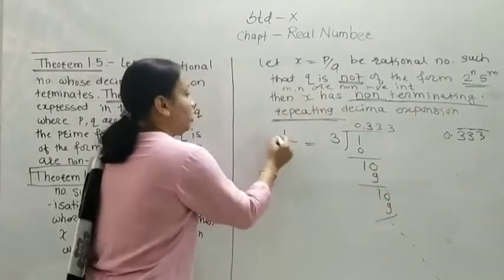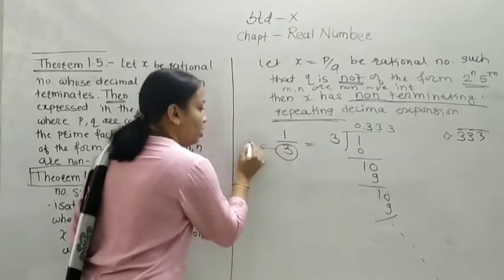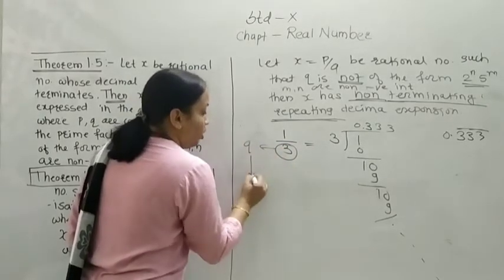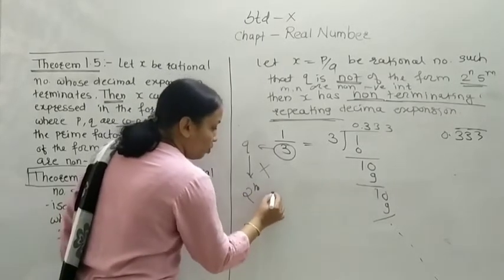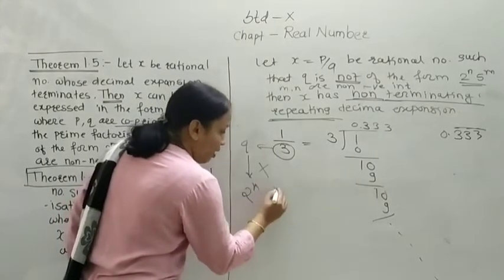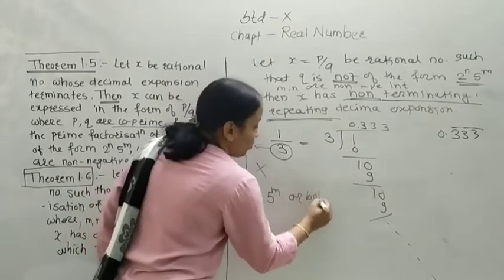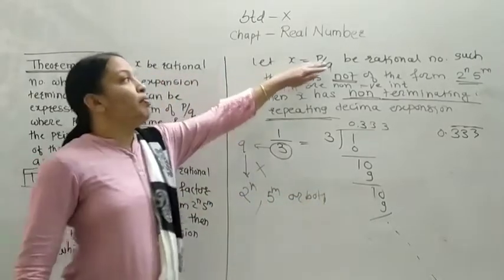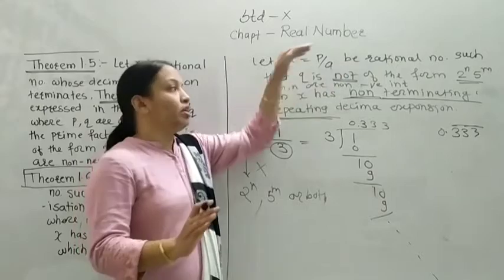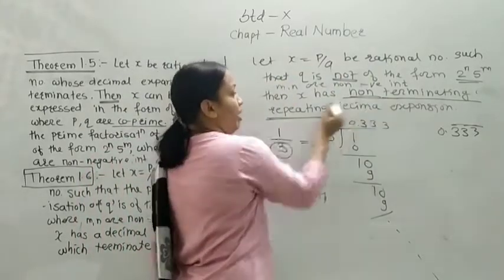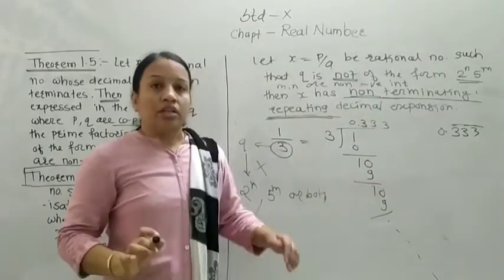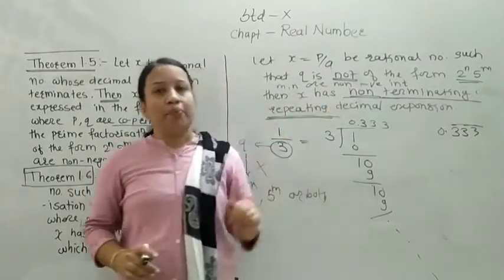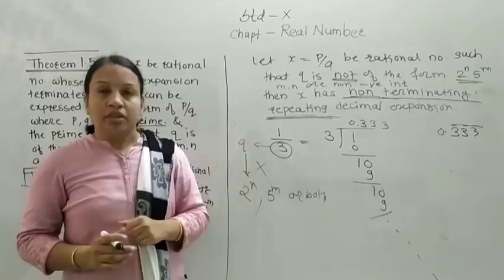This is what? If q is not of the form either 2 raised to power n or 5 raised to power m or both, that time that p by q rational number is always a non-terminating and repeating decimal expansion. Now this is how we have completed our chapter.